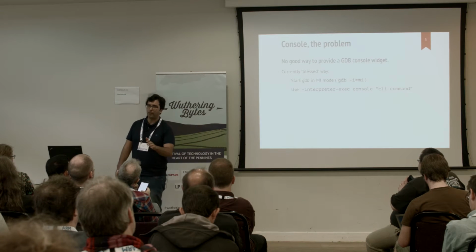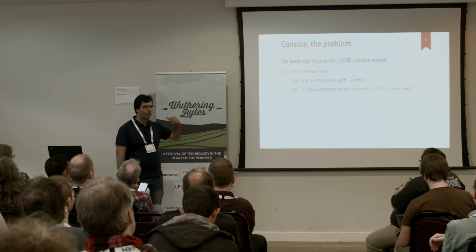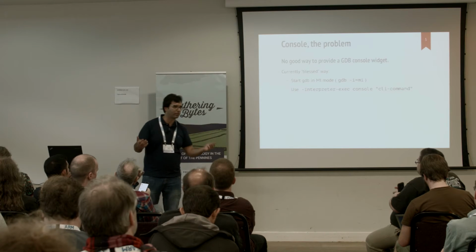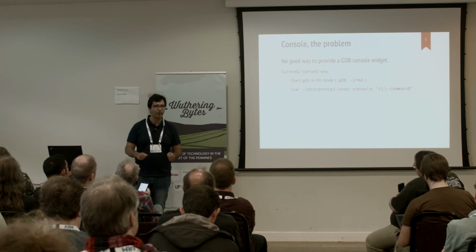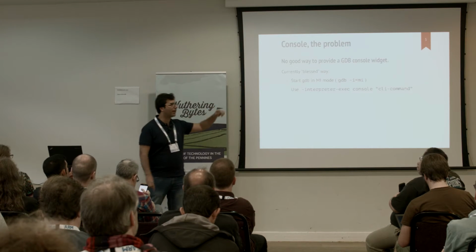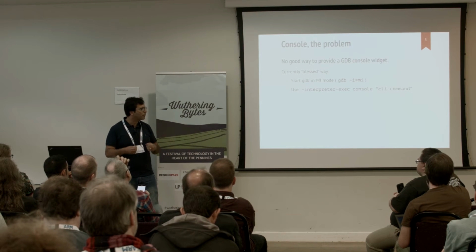Frontends talk to GDB. Nowadays, the modern mechanism is through MI, called the machine interface. Normally people start here, at least hackers are used to starting GDB on the command line and typing commands, but there's a different method to start GDB. You pass it -i=mi, and that's a different interpreter. It's more machine-oriented.